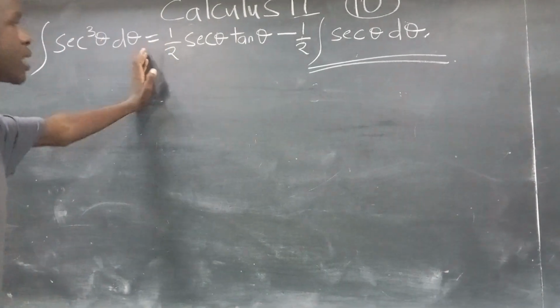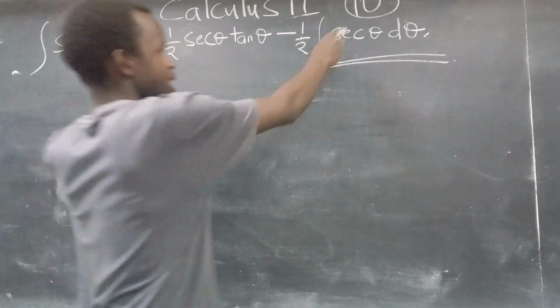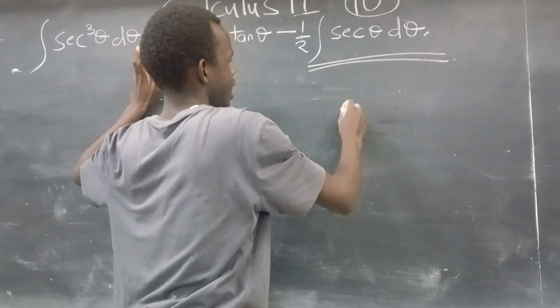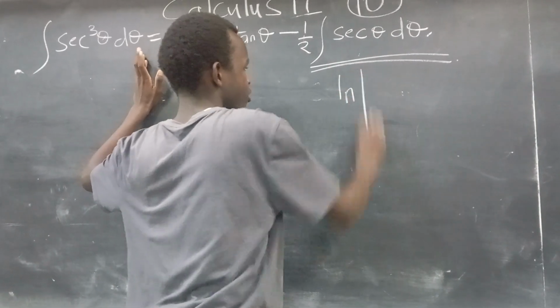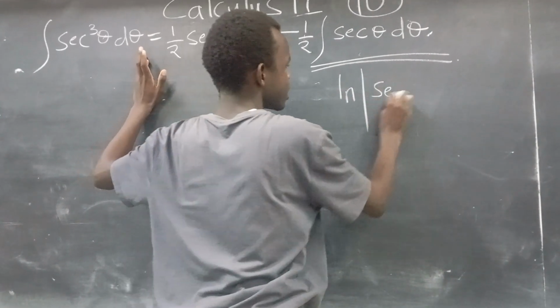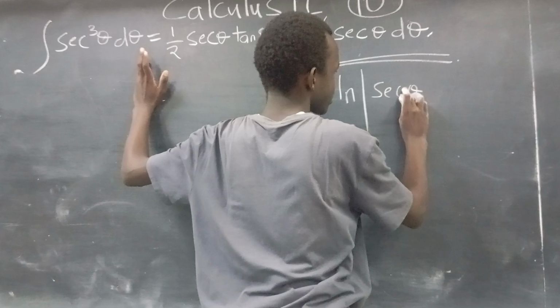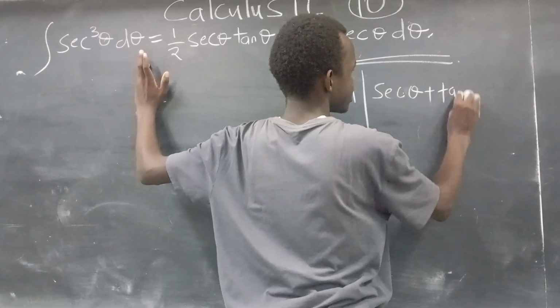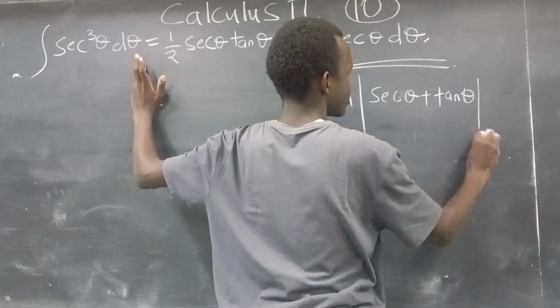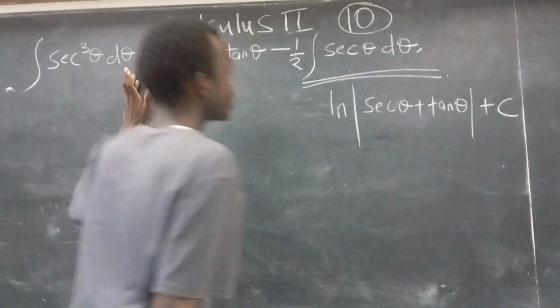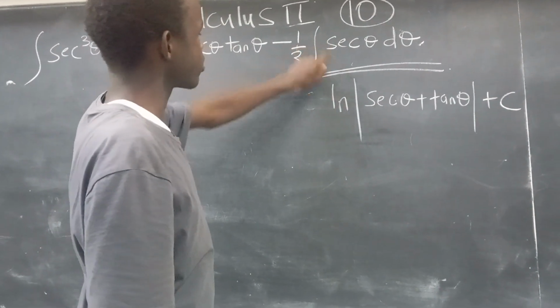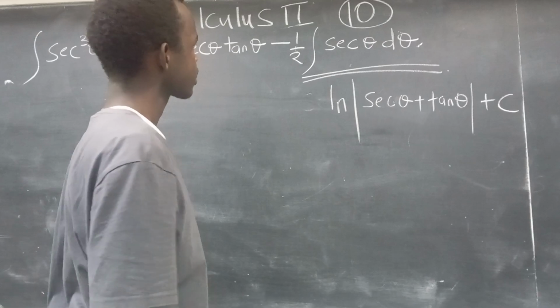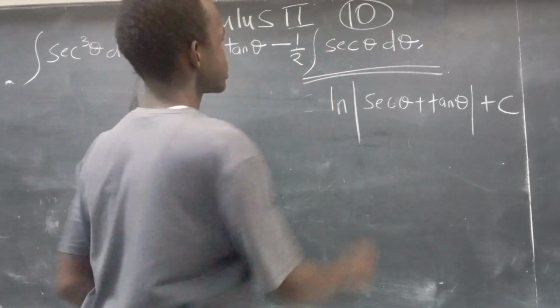For me, I'll just write this answer as ln of the absolute value of secant of theta plus tangent of theta, okay, plus a constant c. So the integral of this is just this, but I'll try to explain why we have reached here.